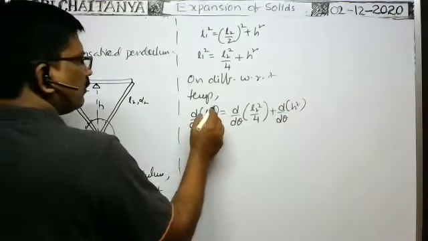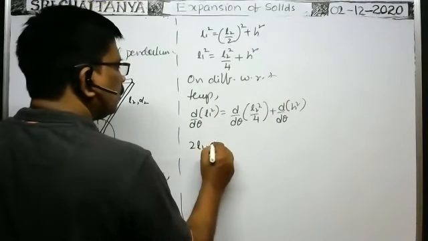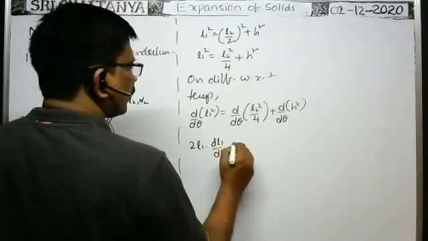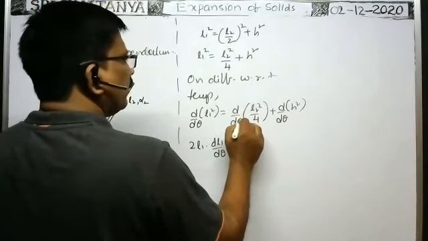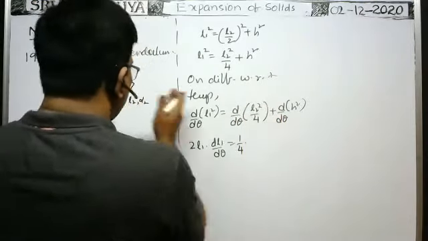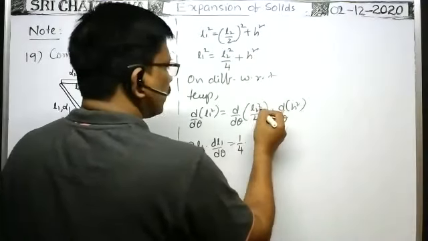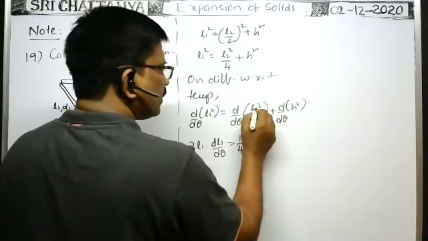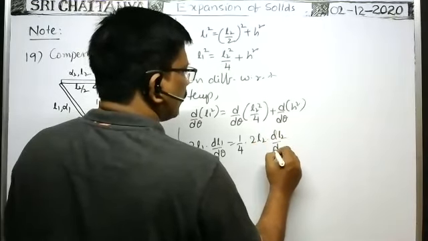So d by d theta of L1 square is 2L1 into dL1 by d theta. That is equal to 1 by 4, kept aside, into d by d theta of L2 square. When temperature increases, L2 also changes, it expands. That's why L2 is variable. So the differentiation of L2 square is 2L2 into dL2 by d theta.